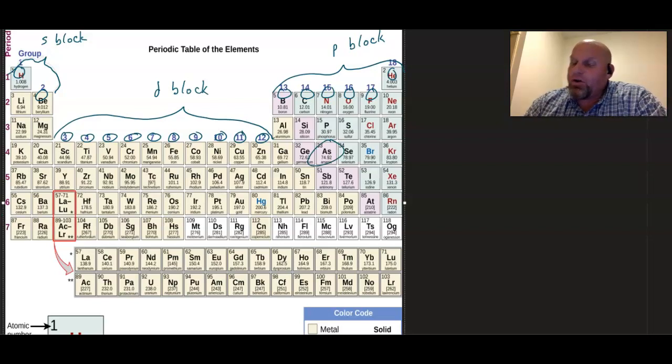I'm going to start at the top of the periodic table, up here at hydrogen in period 1, and I'm going to read left to right and down until I get through the periodic table to the element I'm looking for.